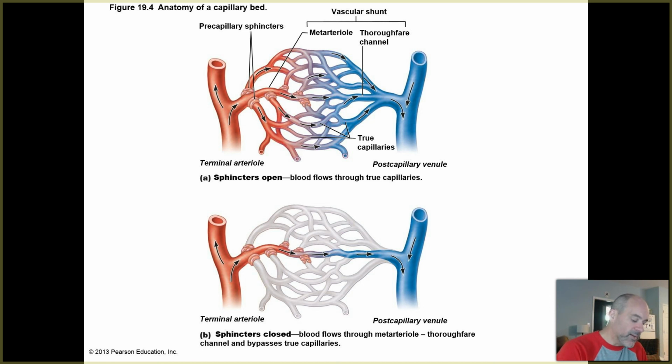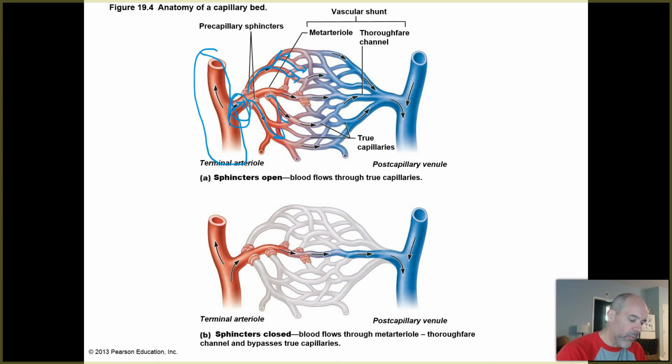So here is a terminal arteriole. So that's a small arteriole that is bringing oxygenated blood to a particular tissue. And then we have an exit off of that. This is called the metarteriole right in here. And blood, oxygenated blood, will flow out of there into capillaries. So this is forming our capillary bed.